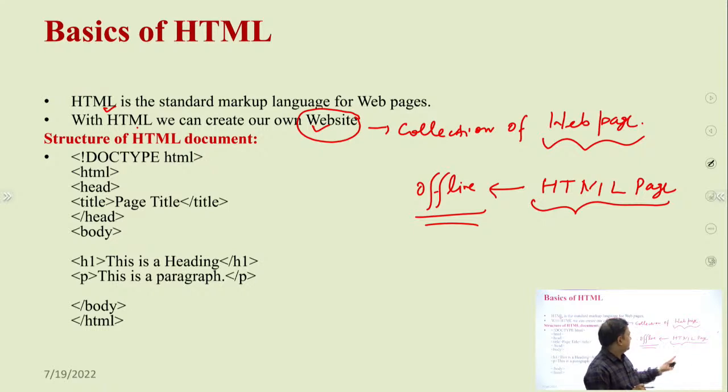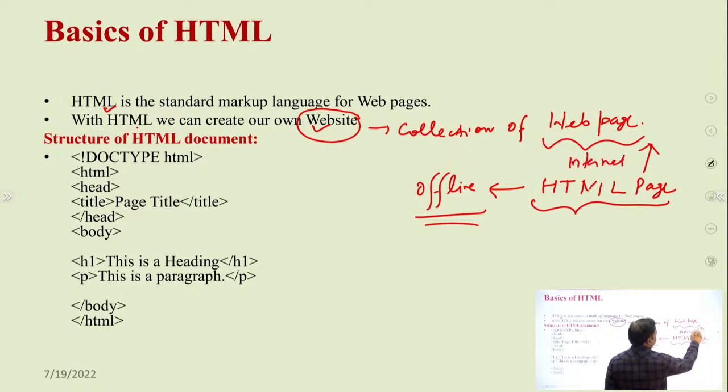Up to that stage we call it an HTML page. But once this HTML page is uploaded on the internet, then we call it a web page. A web page means it is now accessible around the globe with the help of the internet, right? So this basic concept should be clear, the difference between an HTML page and a web page.